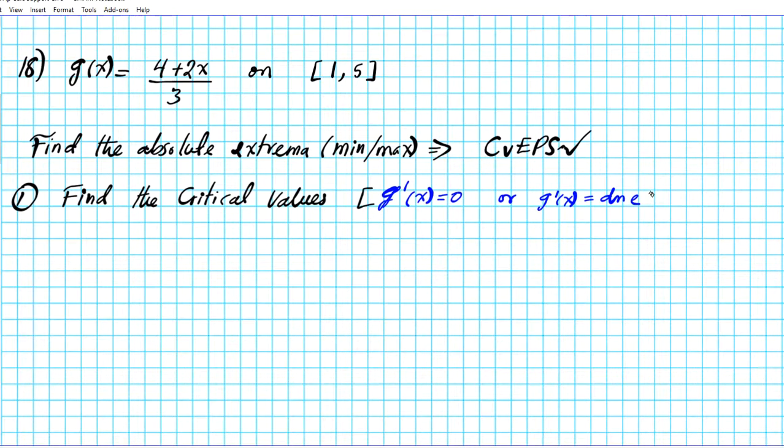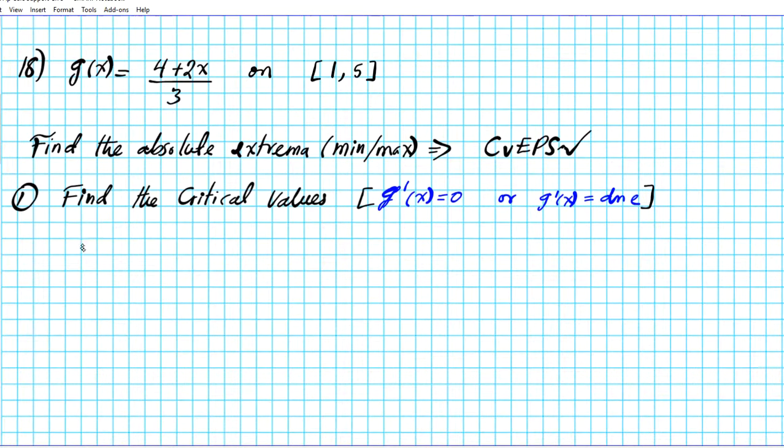Now let's take a look at what we're dealing with right here. This is a polynomial function, even though it does not look like a polynomial function. And polynomial functions are smooth and continuous, so there isn't going to be a point where the derivative is non-existent.